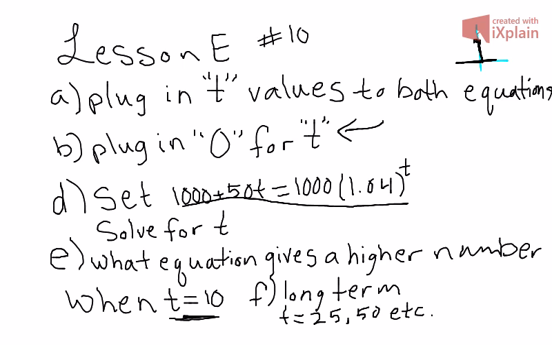Which investment would you go with in the long term? Well, you can just start plugging in t equals 25 or 50. You plug in 25 or 50 for t into both of those equations, and whichever one gives you the higher number, then you'd want to take that one for the long term.